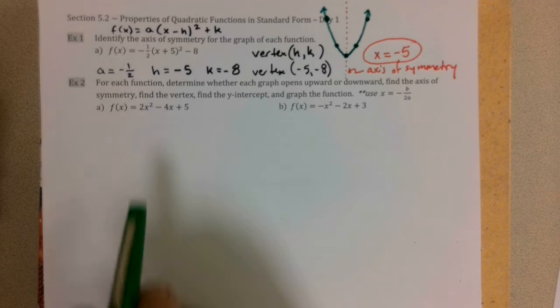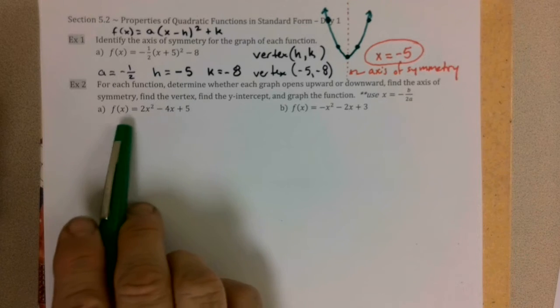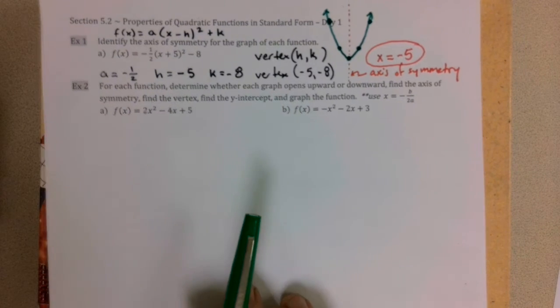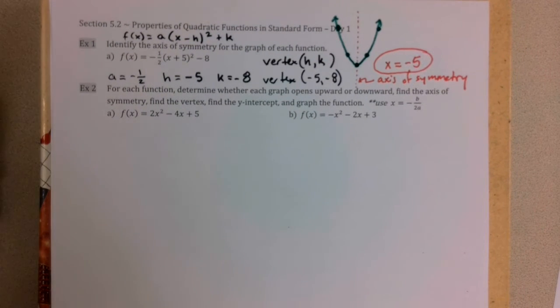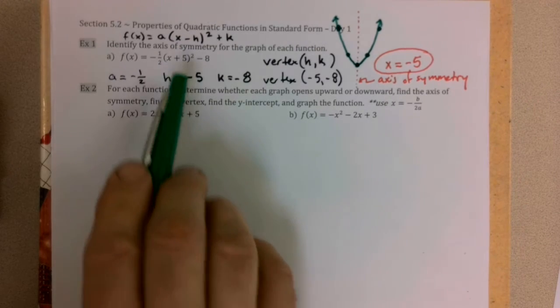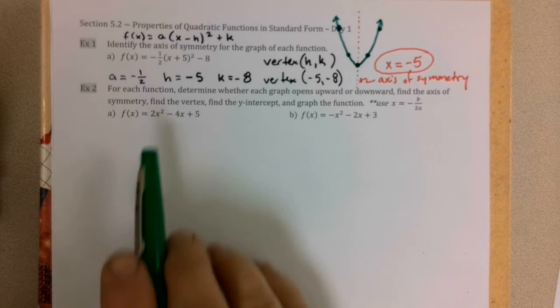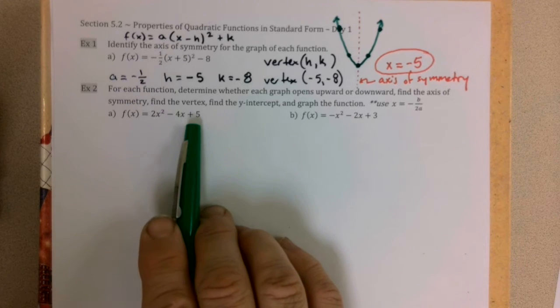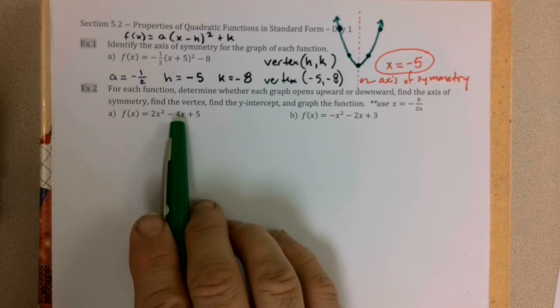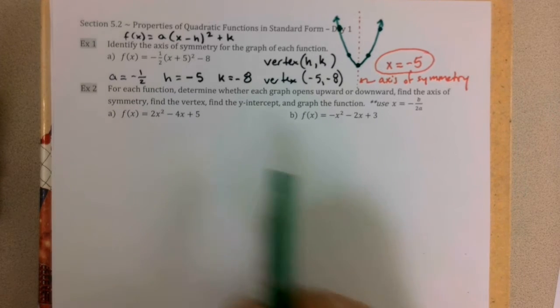So for letter A, here is our equation. If you're going to do this the fast way, you would want to identify where the vertex is. If this were in vertex form, like letter A was, we could just look at the equation and write it down, but this is not vertex form. We just have an x squared term, an x term, and a plain old number.